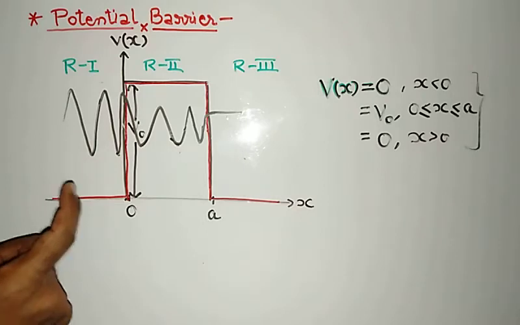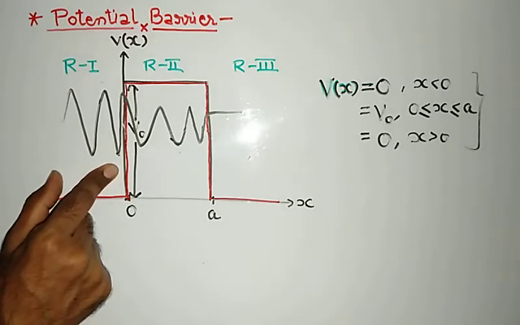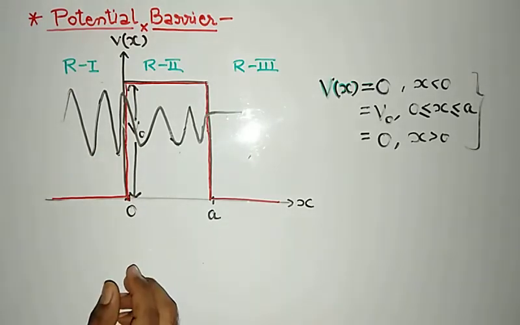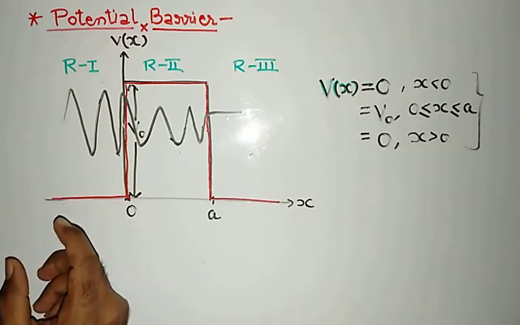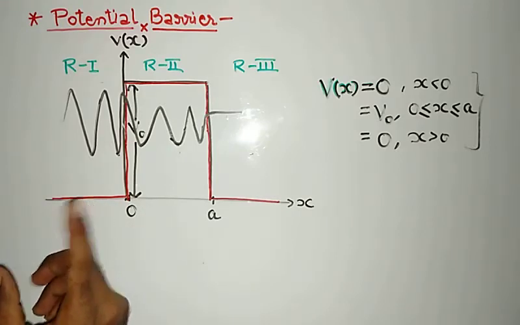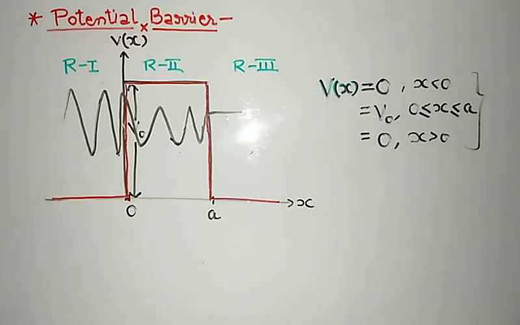We considered a beam of particles incident from the left side towards the positive axis, and that beam of particles can be treated as wave packets according to the concept of de Broglie. Now, these particles will reflect or transmit. This is our main concern.